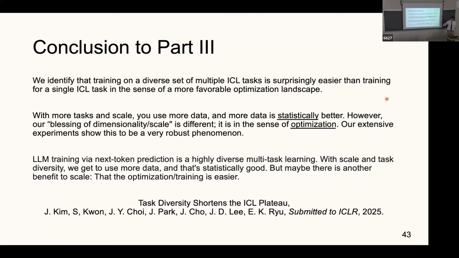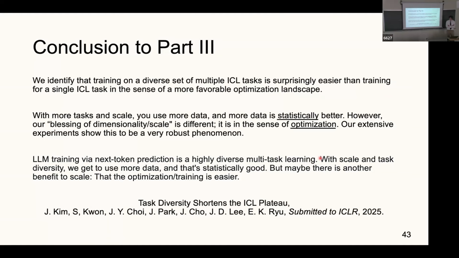LLMs are trained to do next token prediction, and this can be thought of as very highly diverse multitask learning. When you do next token prediction, the text could be poems, math problems, or news articles, and this is really a multitask learning problem. When you scale things up and use a lot more diverse data, you get to use more data, and that's statistically good.